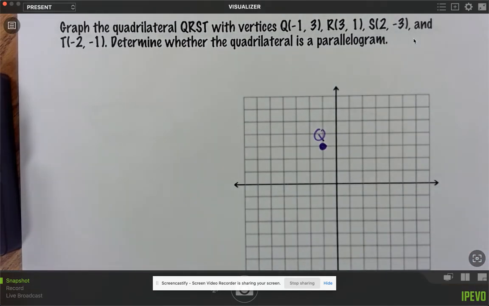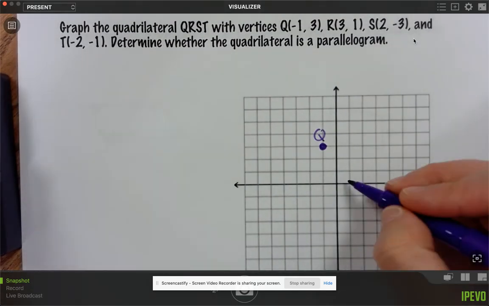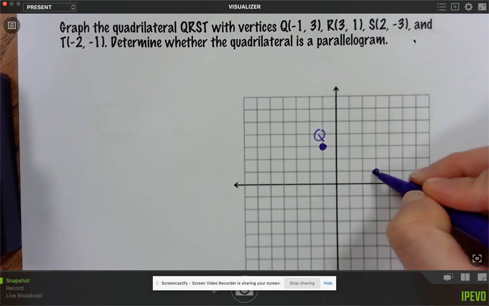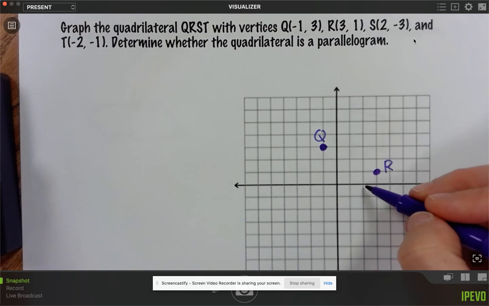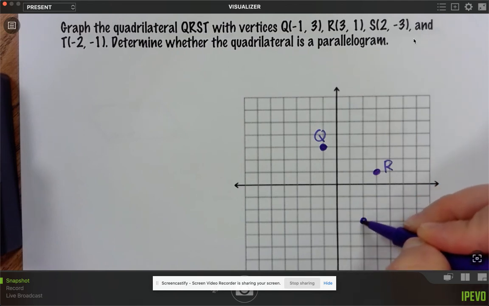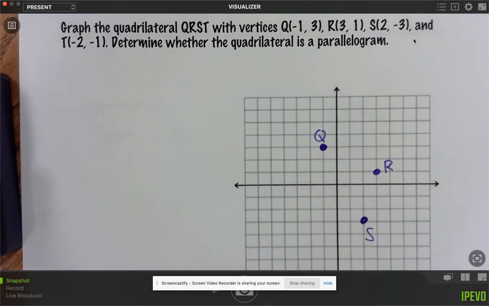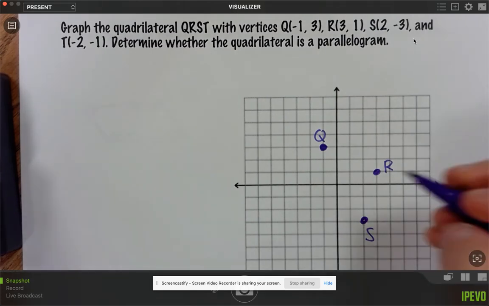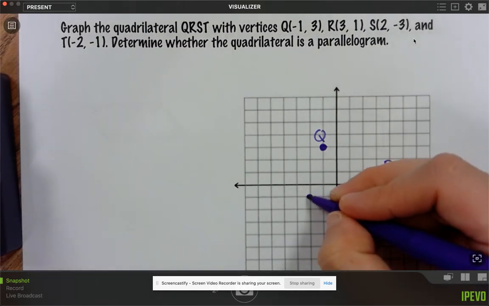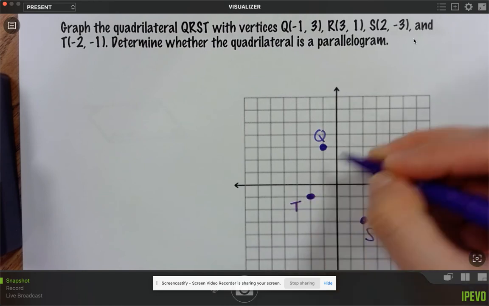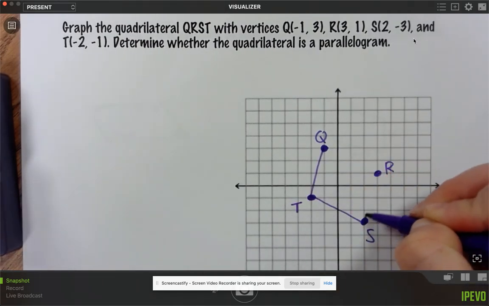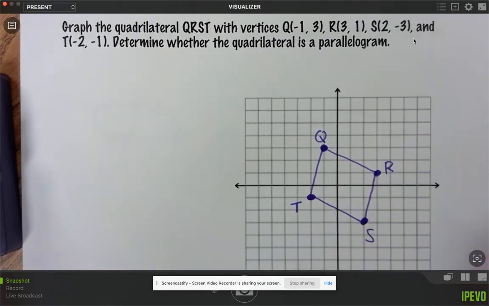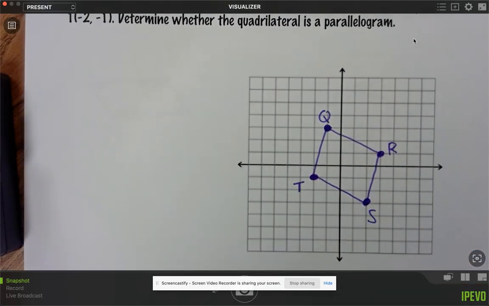It will make your life easier, I promise. Okay, so just kind of eyeballing it, I'm kind of getting parallelogram vibes. I don't know about you guys, but it kind of looks like one to me.